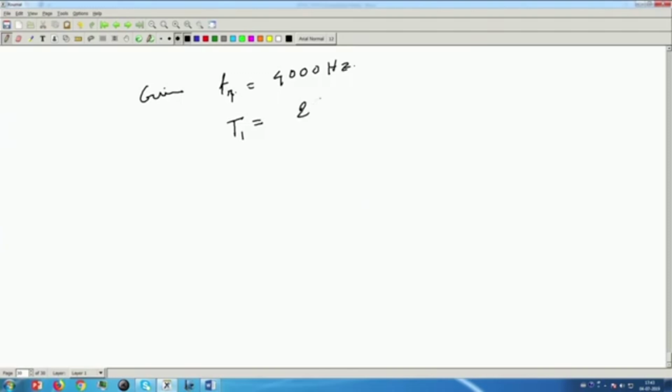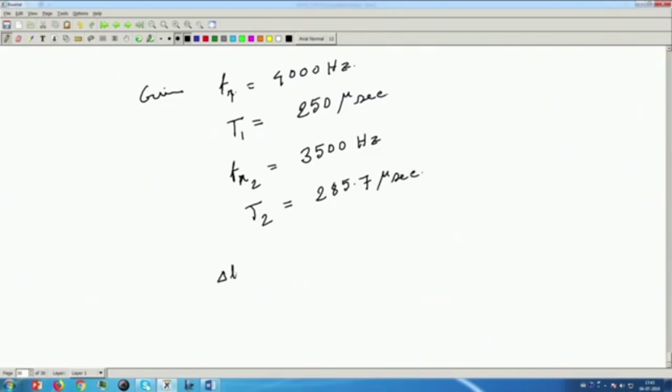So, that will be 250 microsecond. Then FR2 given that is 3500 hertz. Immediately it says that T2, capital T2 is 285.7 microsecond, and delta T1 is 2 R1 by C.